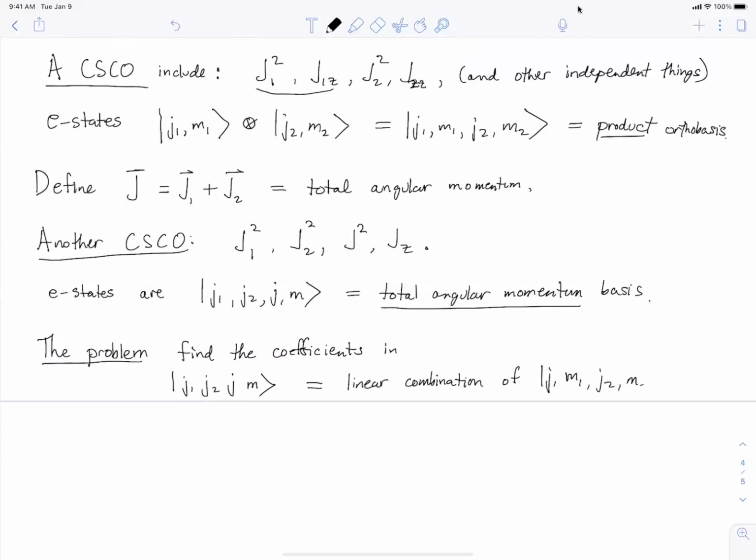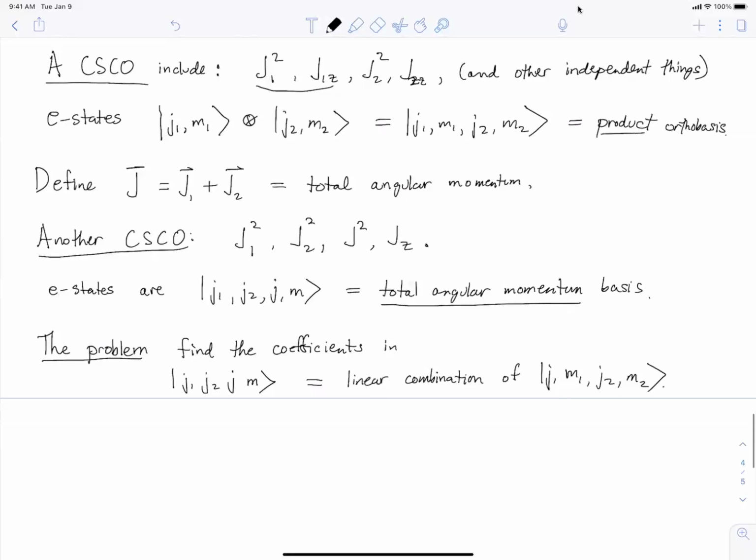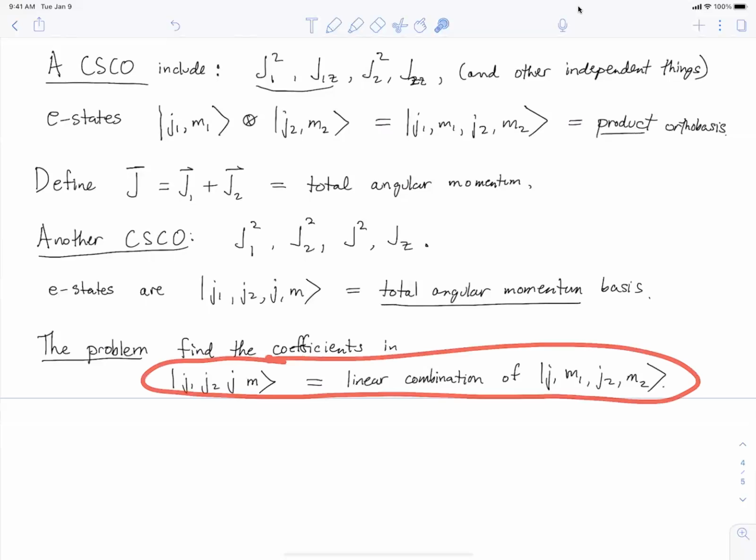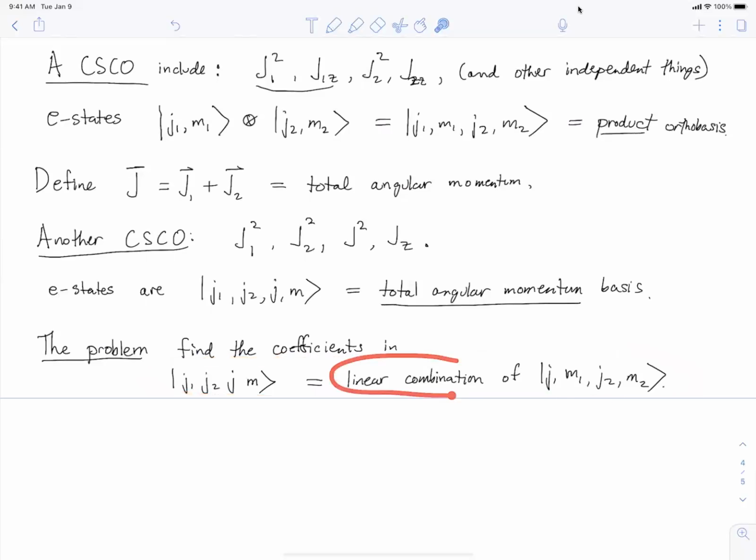I'm being a little sloppy here because I'm sometimes including commas and not including commas when I'm not feeling like it. Okay, so that's the big problem that we want to solve: this always has to be true. The linear combination involves some unknown coefficients. If we know what those coefficients are, then we can convert back and forth between bases as we like.